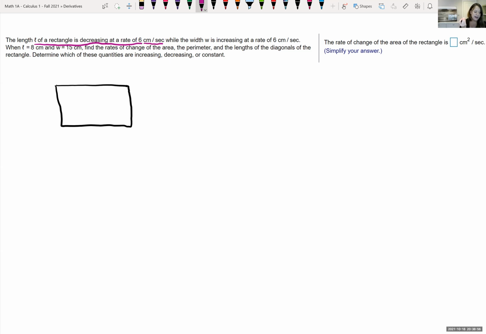Okay, so this is a rate of change. And so we know that the derivative of our length at time t is equal to negative, because it's getting smaller, 6 centimeters per second.